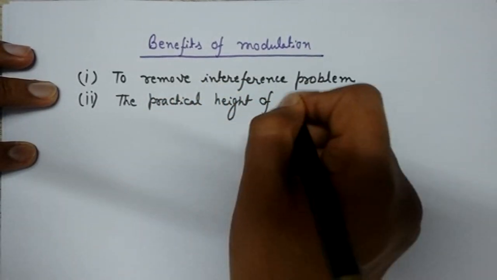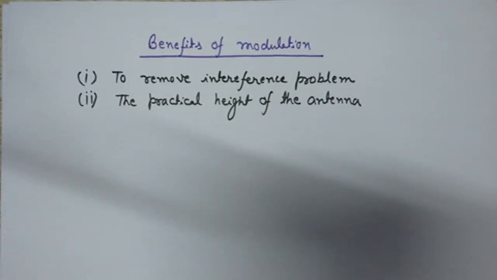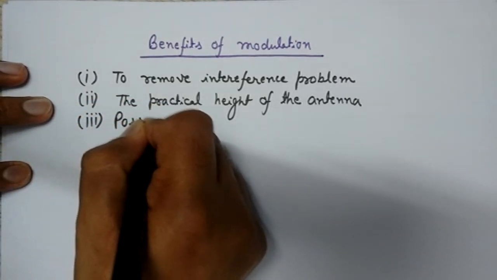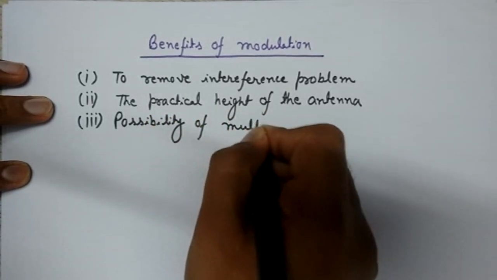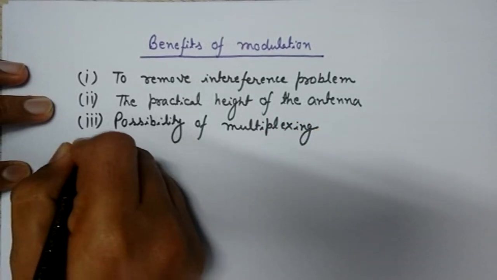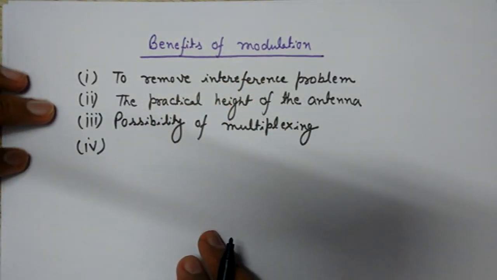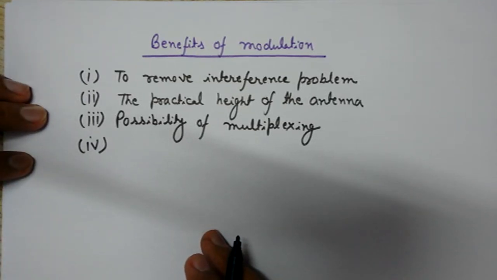Third is the possibility of multiplexing. We will deal with each one of them in detail. I will explain all these points in this lecture video. The fourth one is long distance communication.